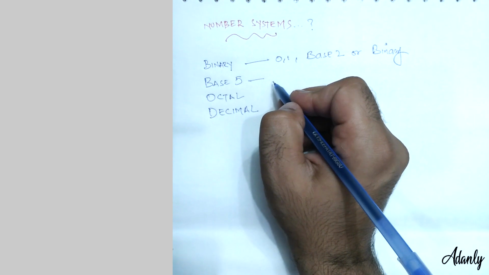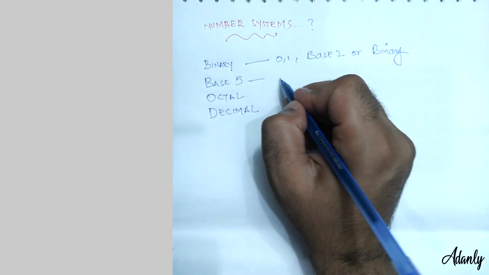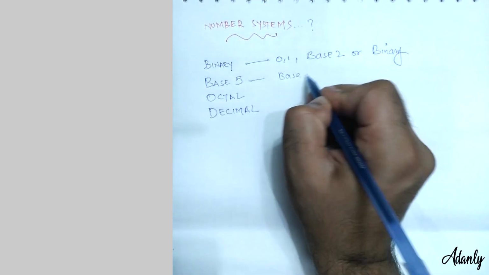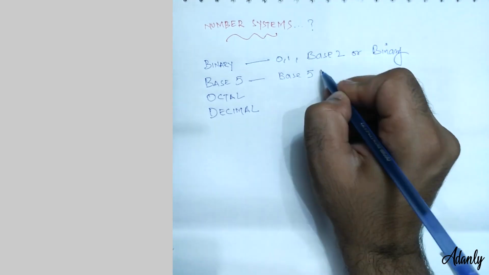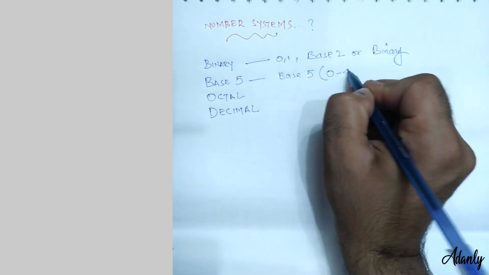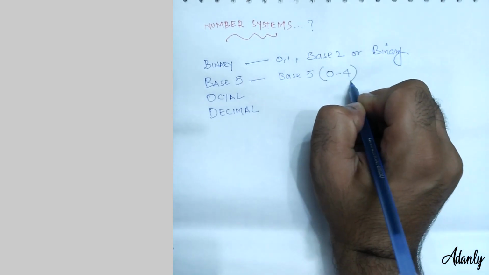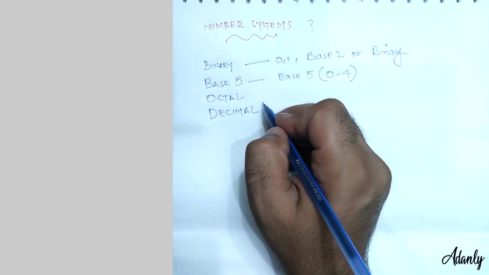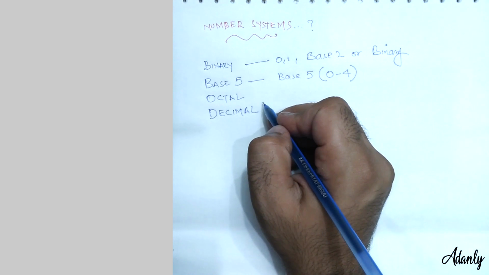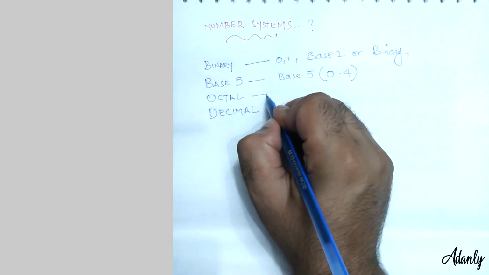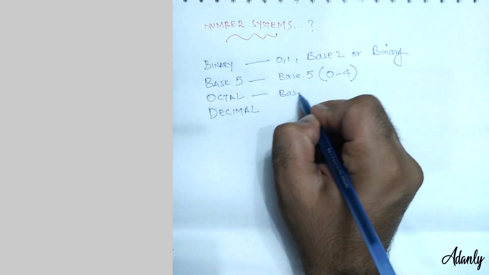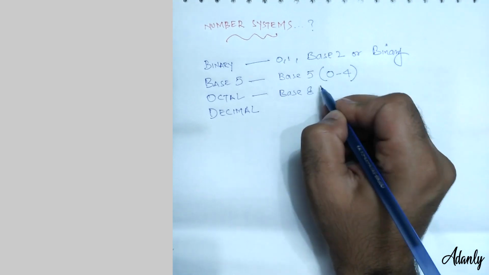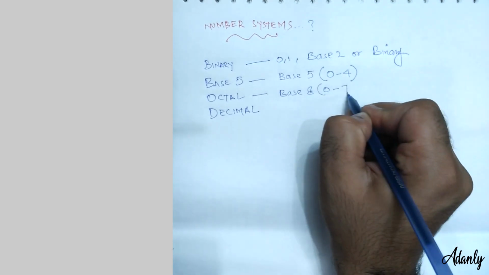Since data is stored in bytes, we call it base 5 and its range is from 0 to 4. When it comes to octal, we use it to shorten long binary numbers. We call it base 8 and its range is from 0 to 7.